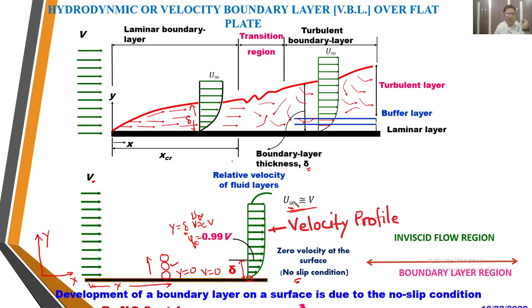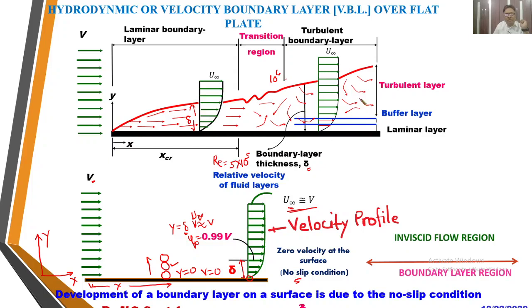If the velocity of the fluid is such that the Reynolds number is in the range of 5 into 10 to the power 5, the flow will be laminar and the thickness of the boundary layer will be smaller. When the Reynolds number is in the transition range for a flat plate, that is, varying from 5 into 10 to the power 5 to 10 to the power 6, the boundary layer thickness will be in the transition phase.